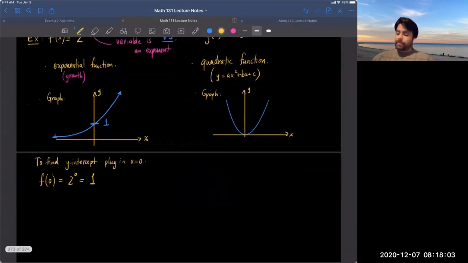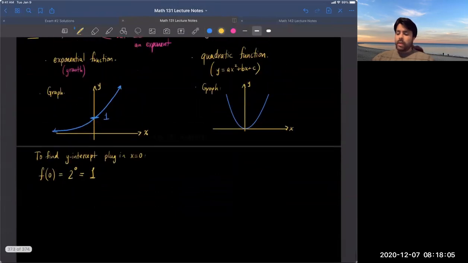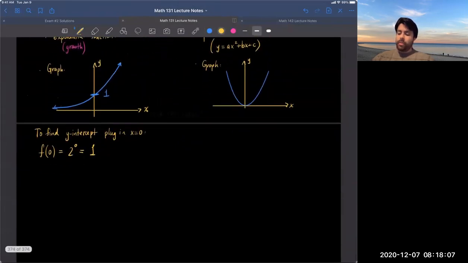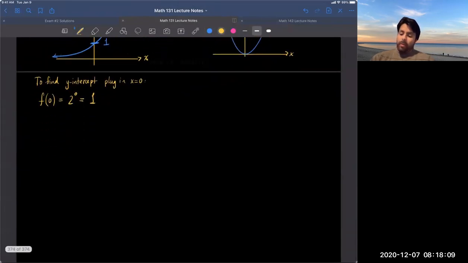Okay. So let's look into exponential functions a bit more. What if I have a function that has 10 to the x? What is f of 3? Well, f of 3 would be 10 to the third power.